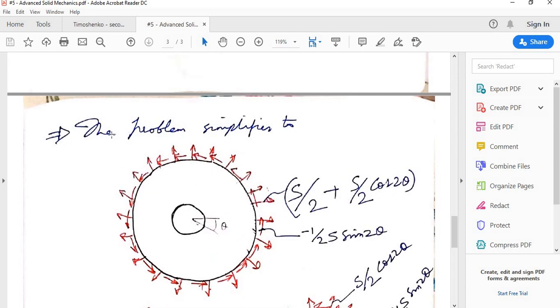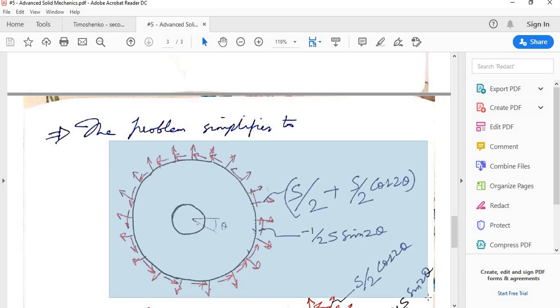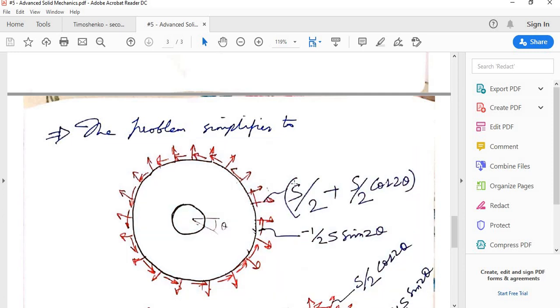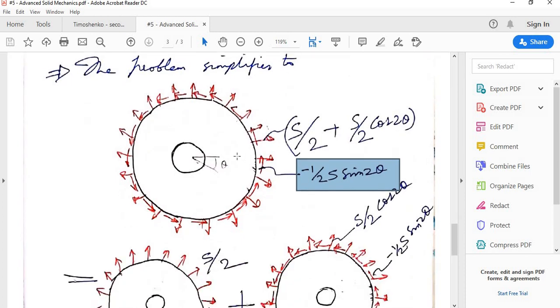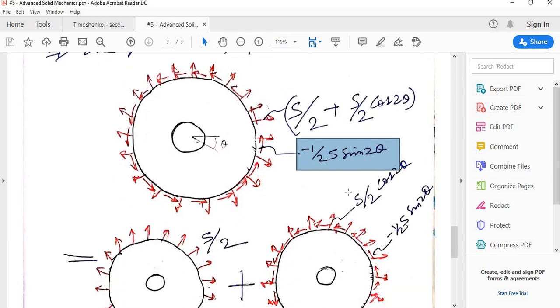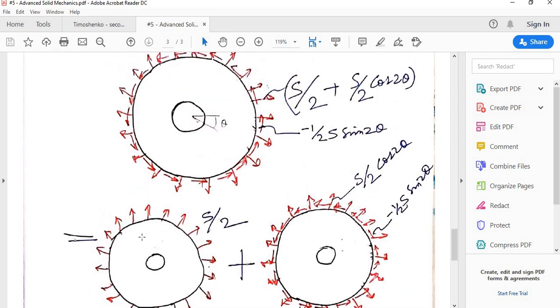Now using superposition, this problem you can write as the sum of two problems. Here sigma r has two parts, s by 2 and s by 2 cos 2 theta. Similarly, tau r theta has minus half s sin 2 theta. Using the principle of superposition, assuming everything is within elastic limit, you can write the solution as the sum of two problems.